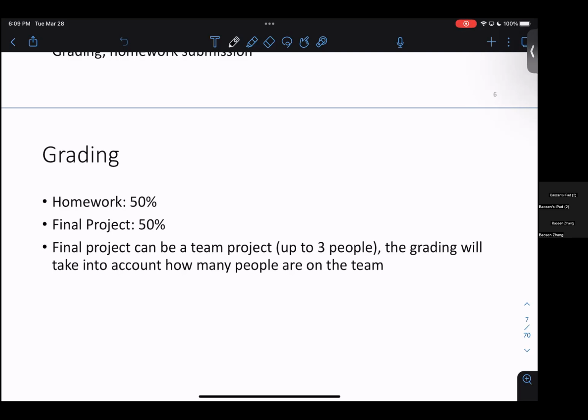Either it's real data or synthetic data, but on almost everything you're interested in, there'll be some data. So the final project is really not that restricted, for anything related to the classwork. Other questions?